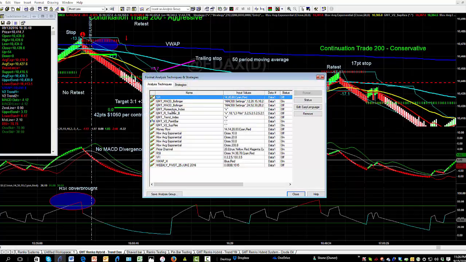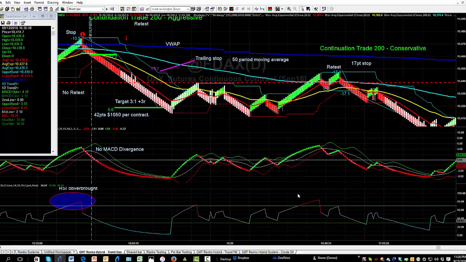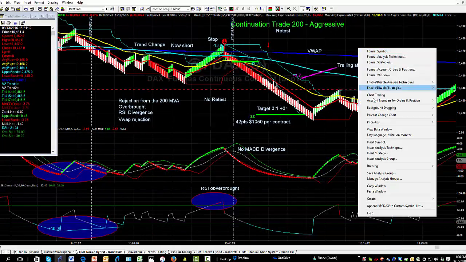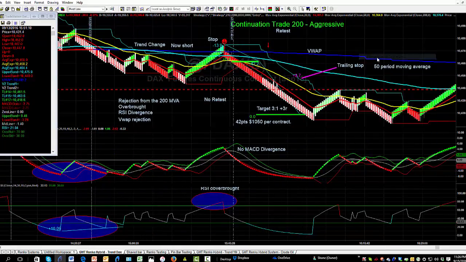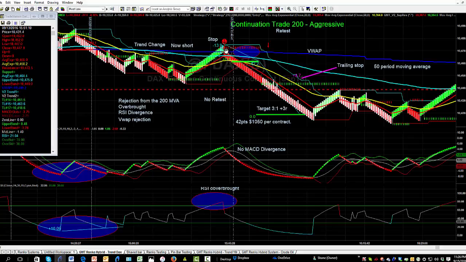We've got a fair bit on the charts at the moment, but let me pull that support resistance off and you'll see it disappear. It's gone. When we put the dynamic support resistance back on, it makes a massive difference because that's really one of the keys to the success of this strategy.